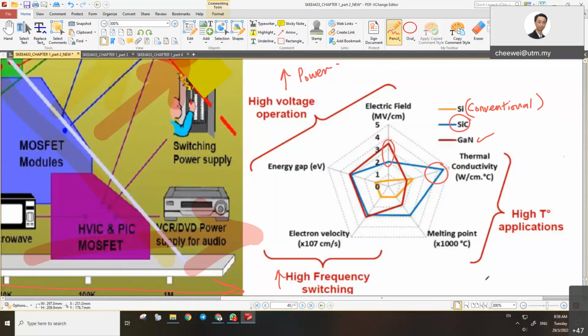Overall, we can say that these two materials, silicon carbide and gallium nitride, have given much better improvement in terms of the three performance parameters: power capacity, higher temperature application, and higher switching frequency application.